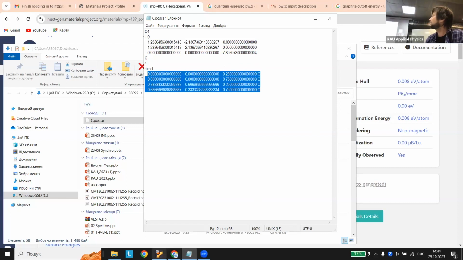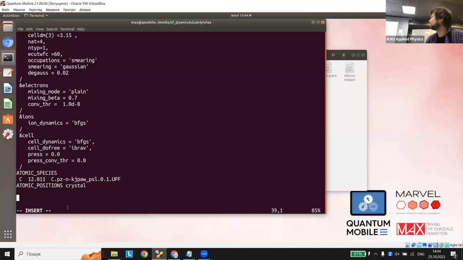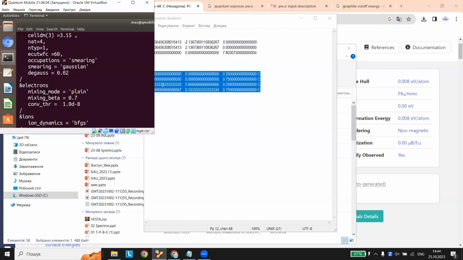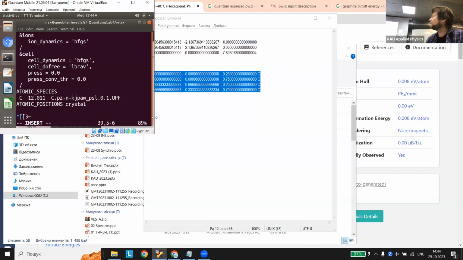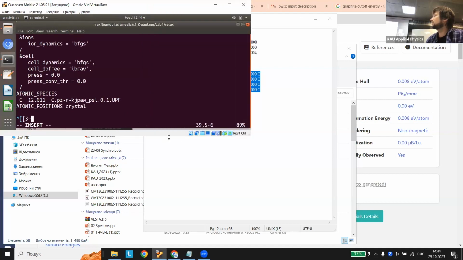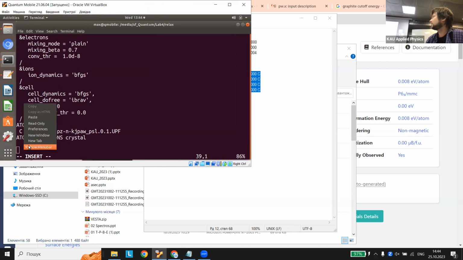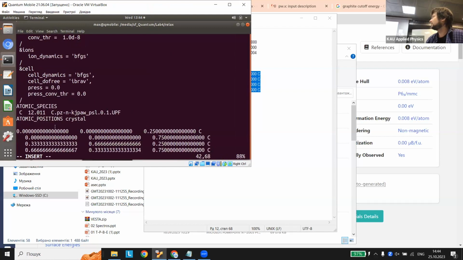But then in the Quantum Espresso file, you should move this C to the beginning of the line. You should type it with just a right click. This is also convenient. And you should remove the C and place them at the beginning.